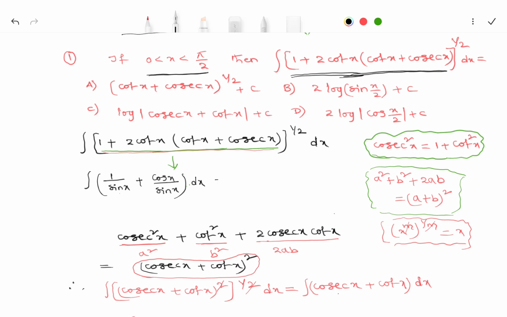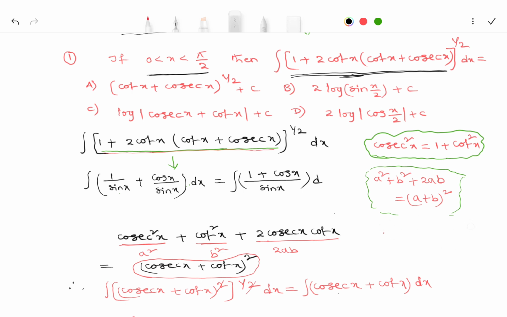What is the LCM of this value? Integration with LCM sine x, so the numerator will be 1 plus cos x, into dx. Now see again, you know that some formulas in trigonometry will be there.